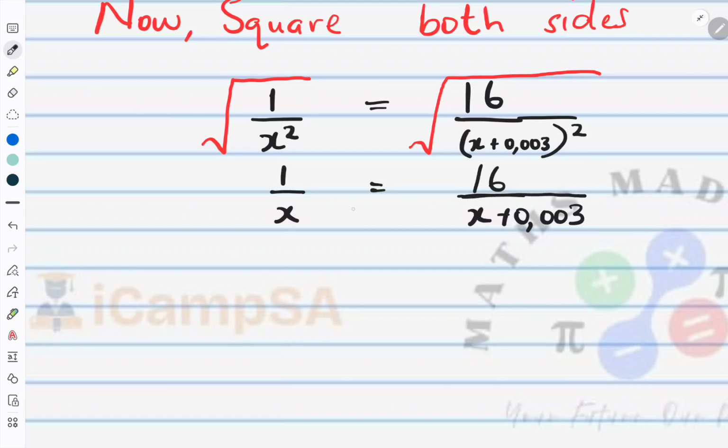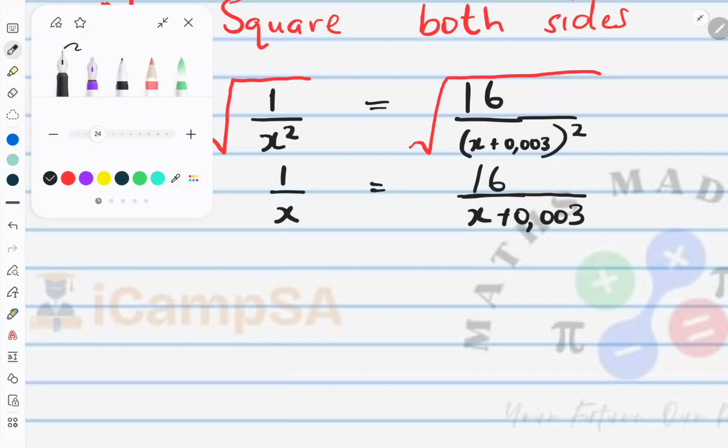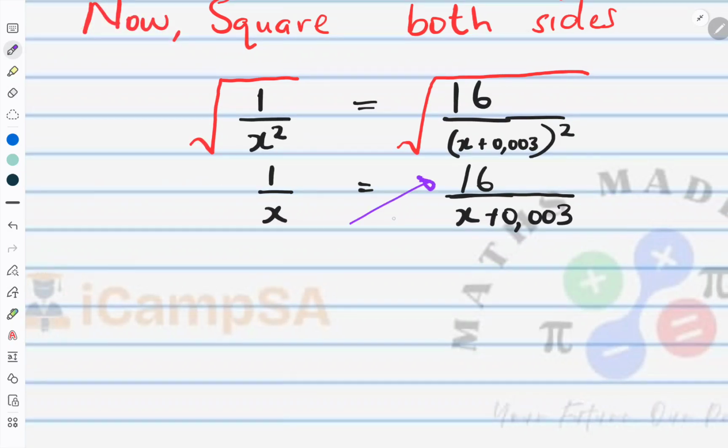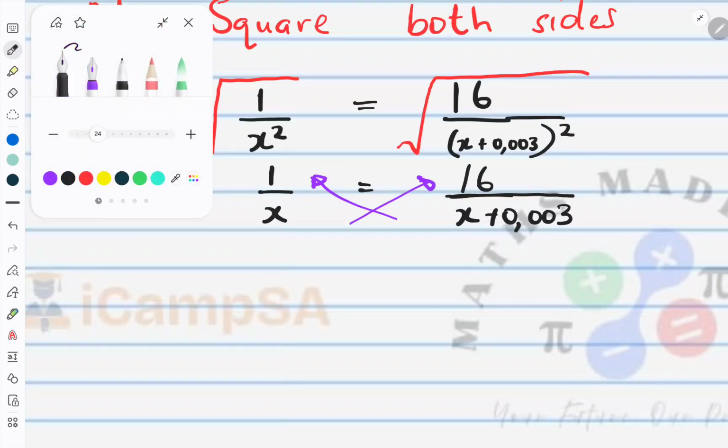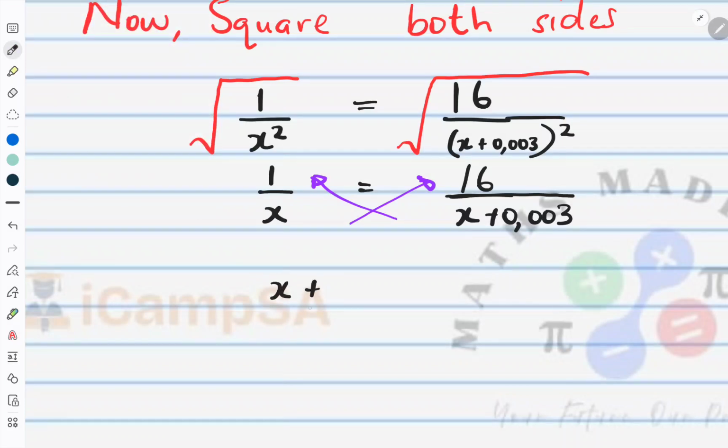From here, you can use your maths and solve. Right, so you can say cross multiply. Let me use arrows. I don't want to write cross multiply. Then you will have x plus 0.003 is equal to 16x.